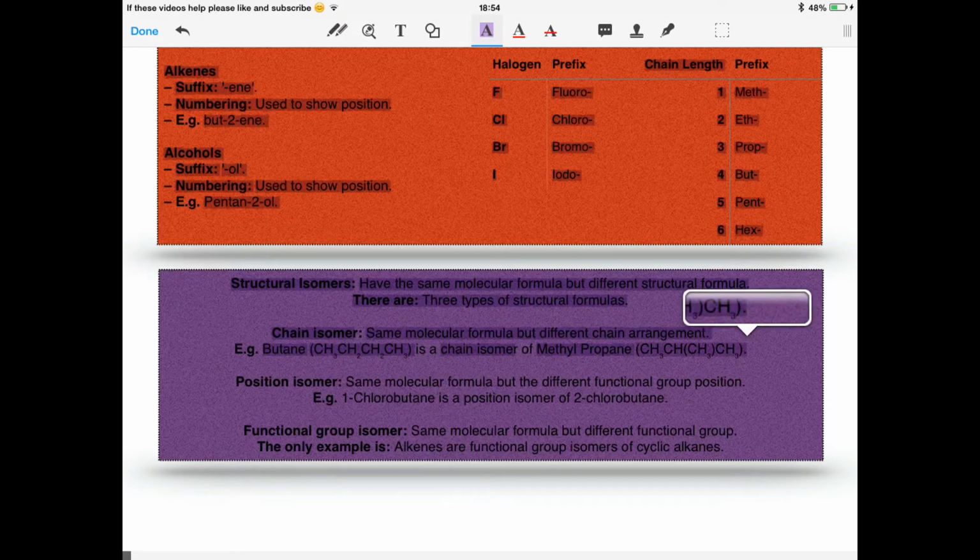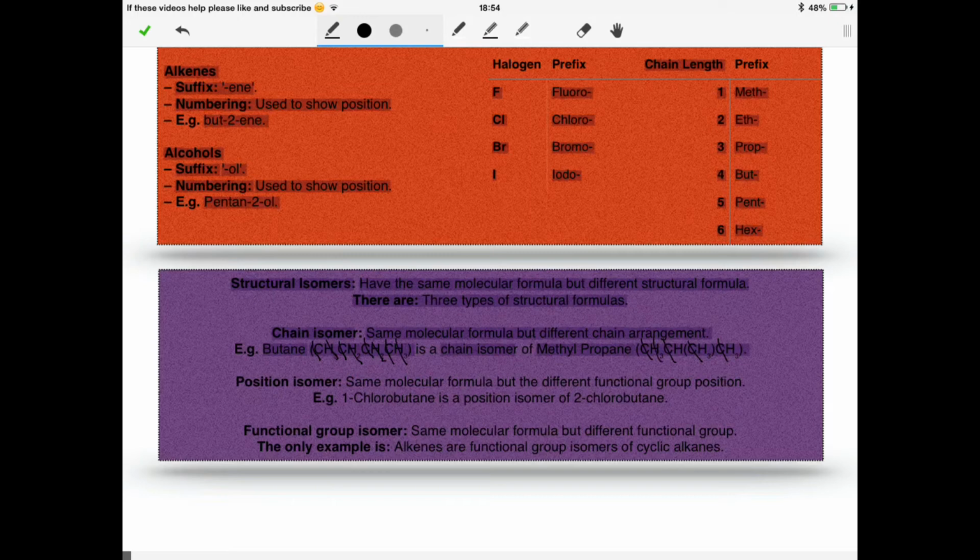Let's count carbons: 1, 2, 3, 4. The methylpropane, 1, 2, 3, 4. Hydrogens, we've got 3, 5, 7, 10. Here we've got 3, 4, 7, 10. There you go. We've got 4 carbons and 10 hydrogens on this side, and 4 carbons and 10 hydrogens on the other.